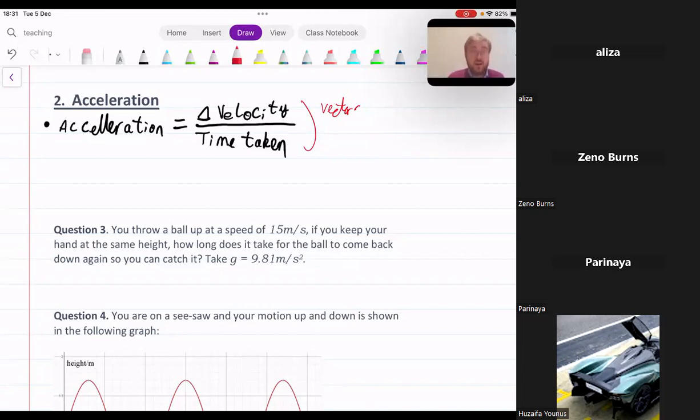And then another thing is, if you're going forwards and you're turning, even if you're staying at the same speed, so your speedometer in your car keeps the same value, because your direction is changing, you go from moving north to east.